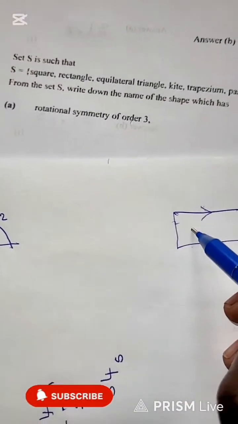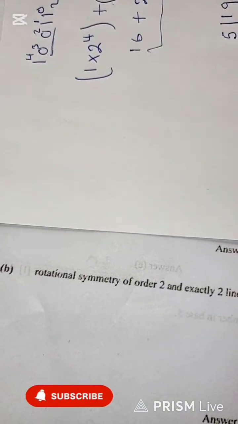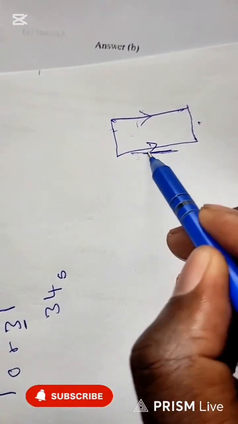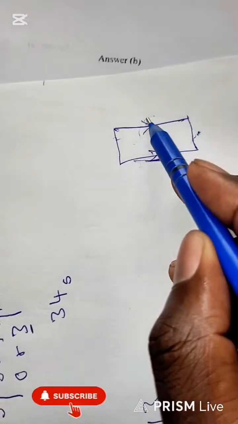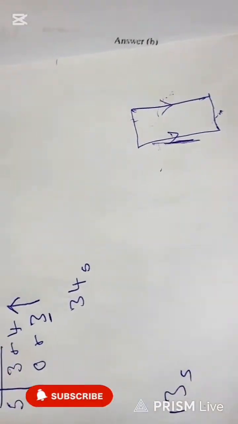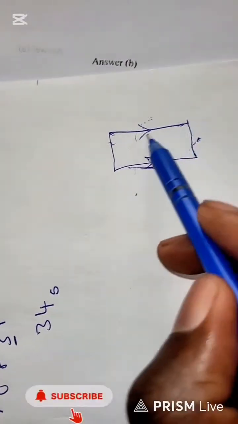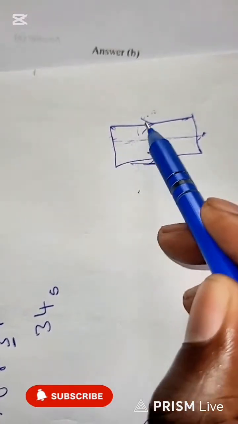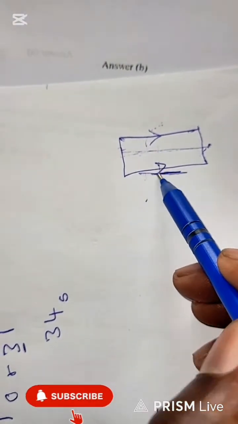So when you say rotational symmetry of order 2, you're saying if we rotate it from this point here, we move 1, 2 to get to the same position. In lines of symmetry, that's 1, right? And 2. All right.